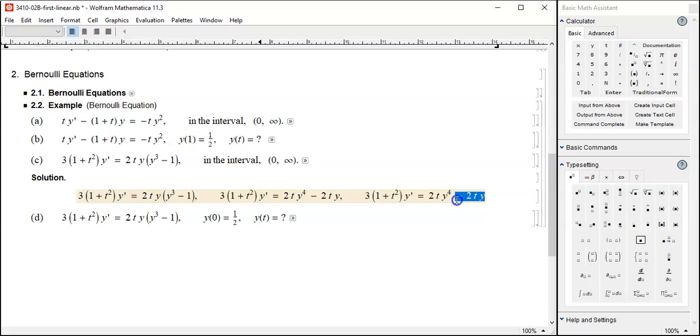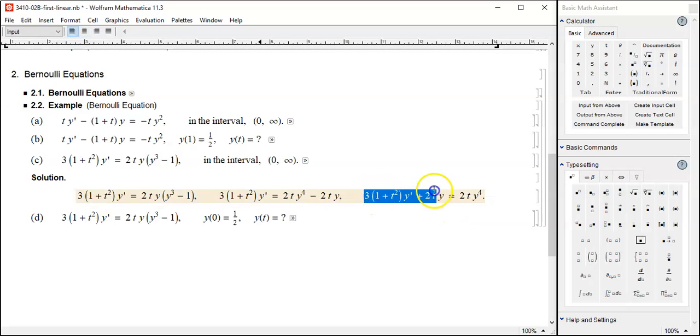Flip this last term to the other side. Then I have plus 2ty. And look at this: is this a Bernoulli equation? Y prime, y, and y to the nth power. Oh yes, it is. We're in business.